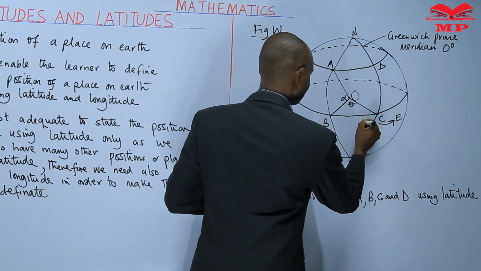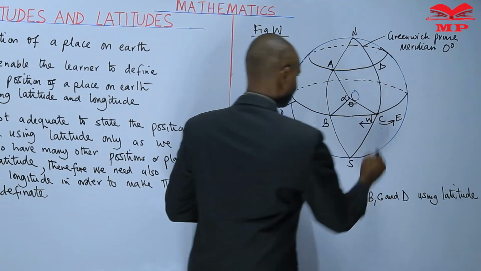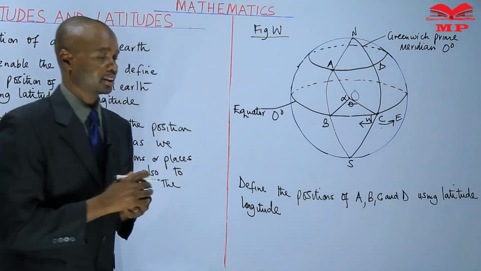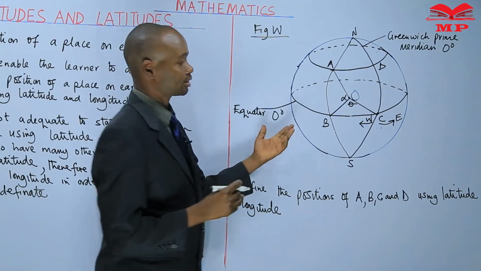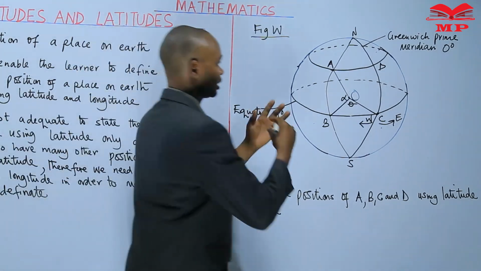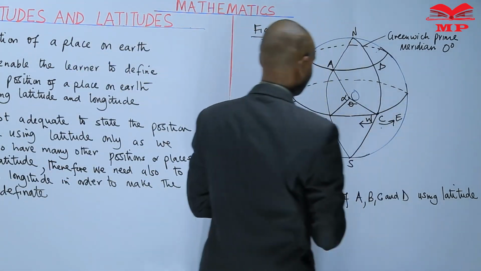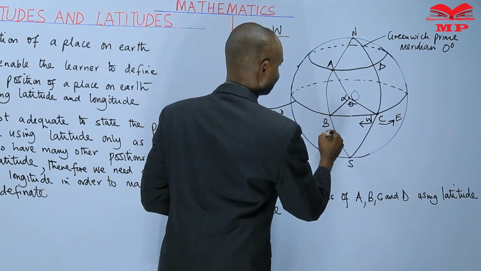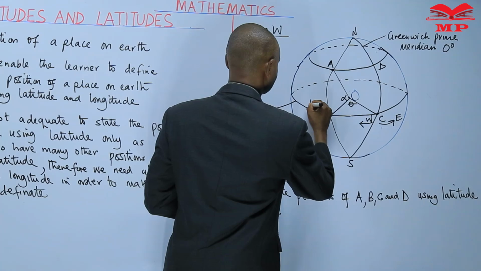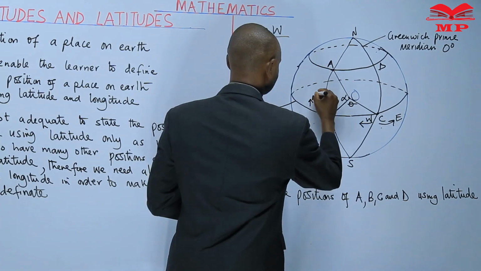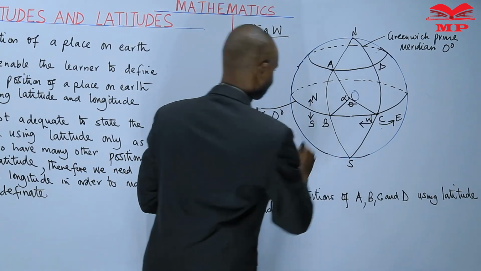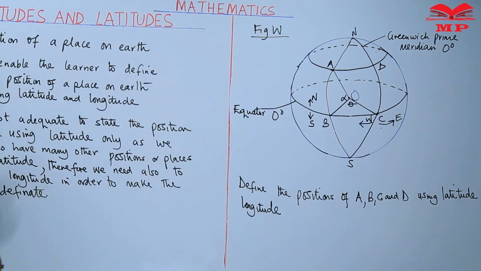When you move that direction on the left, you'll be west of the Greenwich prime meridian. So any meridian mentioned on this side will be west, and any mentioned beyond will be on the east. When we come to the equator, when you move above, north, when you move below, south. So that will guide you very well.